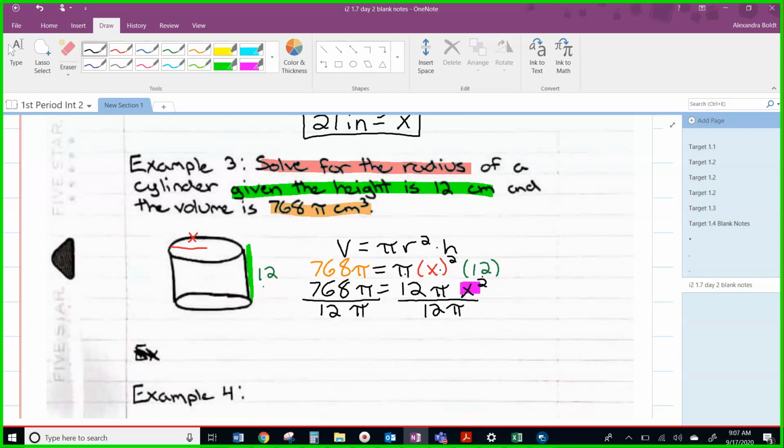And what's nice about that is there's a pi here and a pi here. The pi's cancel out. So all I'm really doing is 768 divided by 12. And 768 divided by 12 is 64. Right? And we divide by 12 pi because we have a 12 pi here and a 12 pi here. Right? So I'm left with that x squared.